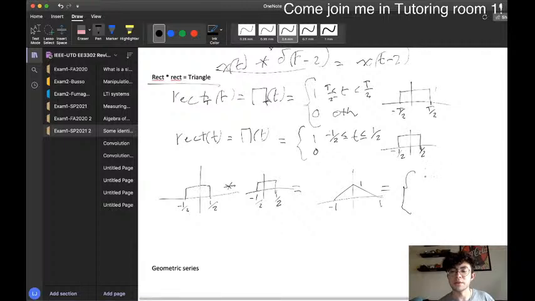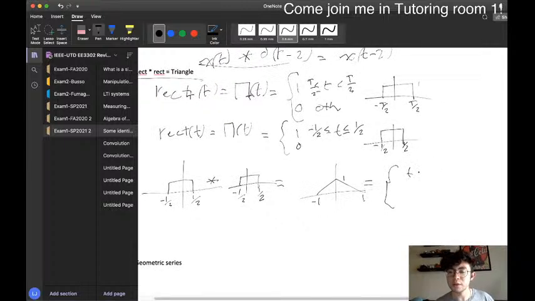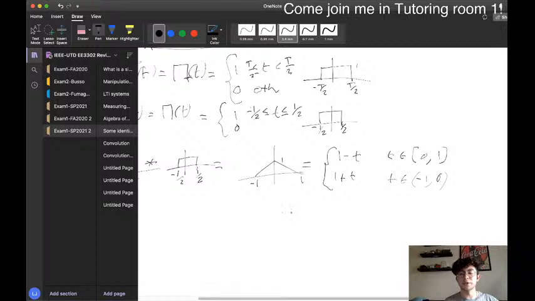It would be written as a function: 1 minus t for t greater than 0 and less than 1, and 1 plus t where t is from -1 to 0. Yeah, so that's our triangle function.